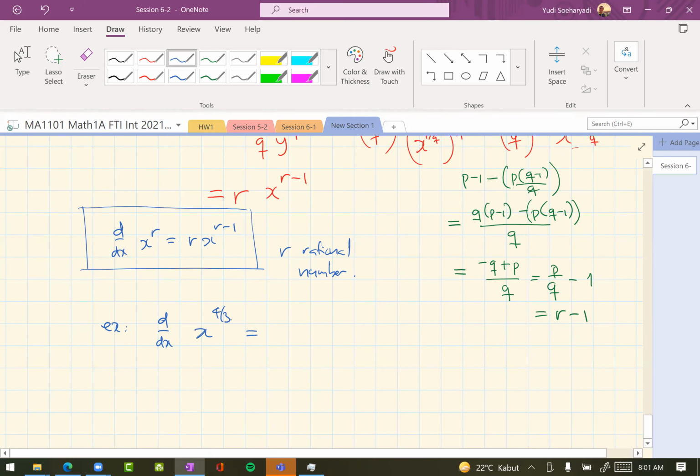That would be easy because now it's just 4/3 x to the 1/3, by our formula. And if you take this y, for example, you get y to the 1/3. Of course, it remains kind of mysterious. Is it possible we have this? We'll deal with this later on.